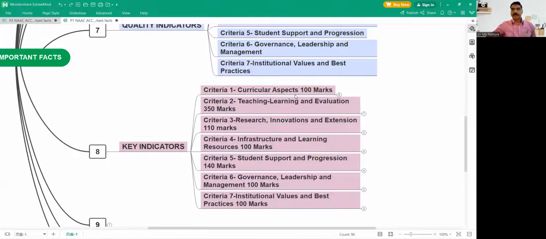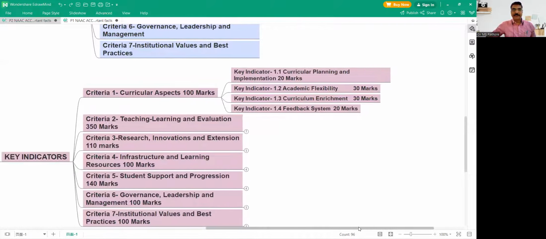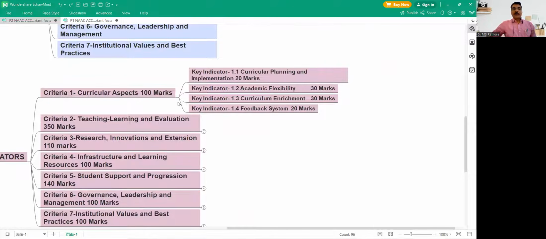So let's take the first criterion, that is the curricular aspects, and see what is there in this criterion. In the curricular aspects, 100 marks are allotted, and these 100 marks have been divided into 4 key indicators. The first key indicator is curricular planning and implementation, which comprises 20 marks.